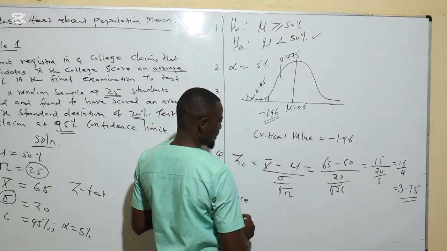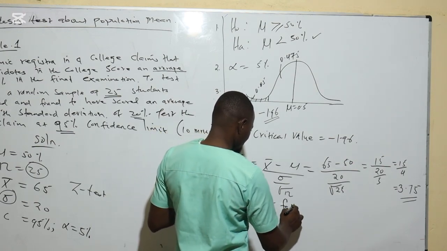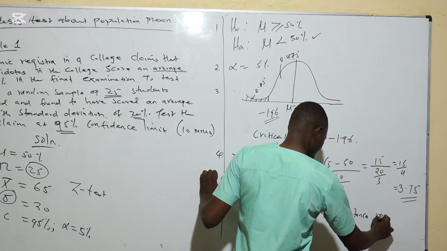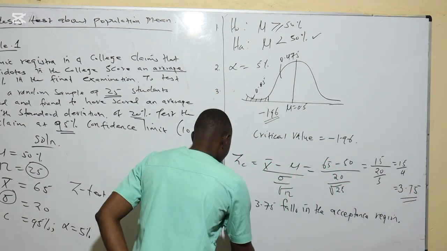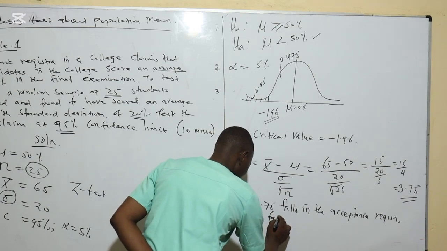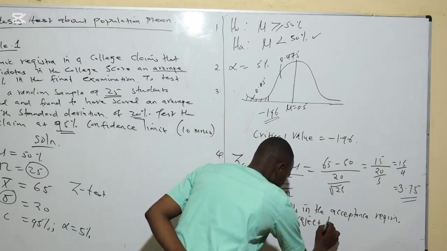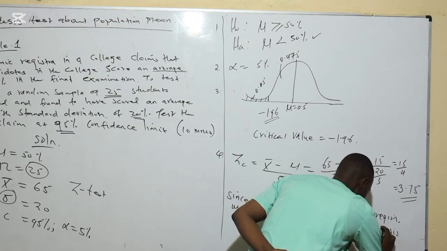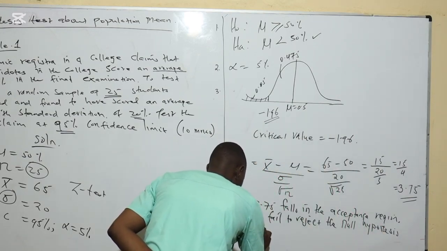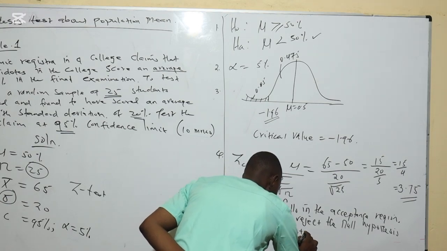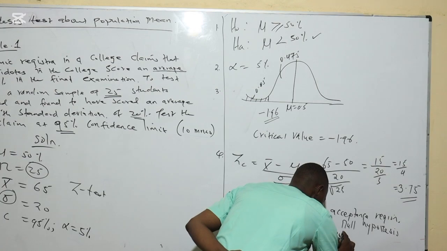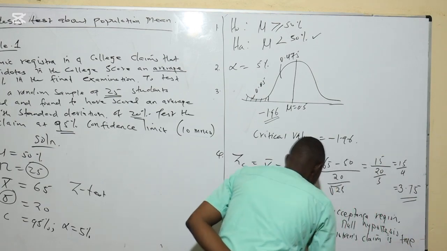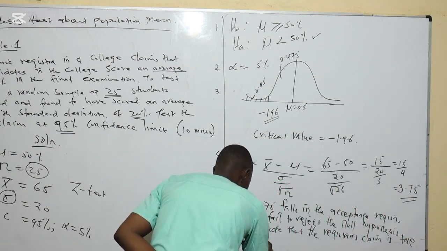Since 3.75 falls in the acceptance region, we will fail to reject the null hypothesis, and conclude that the registrar's claim is true at 5% significance level.